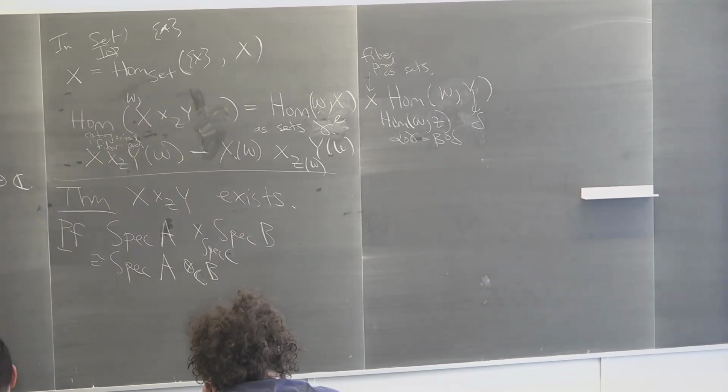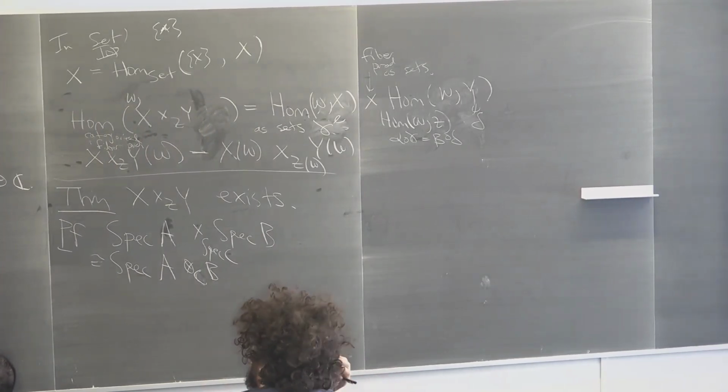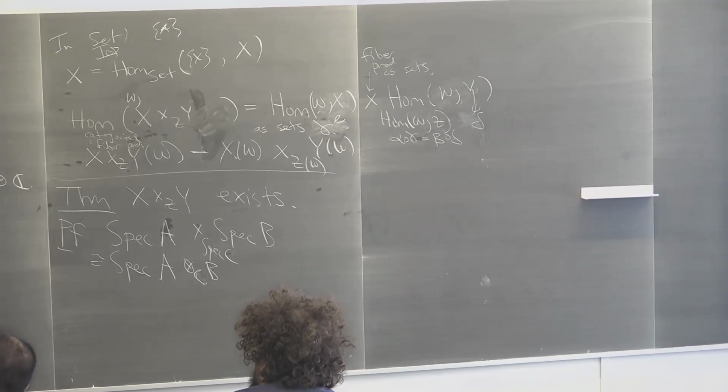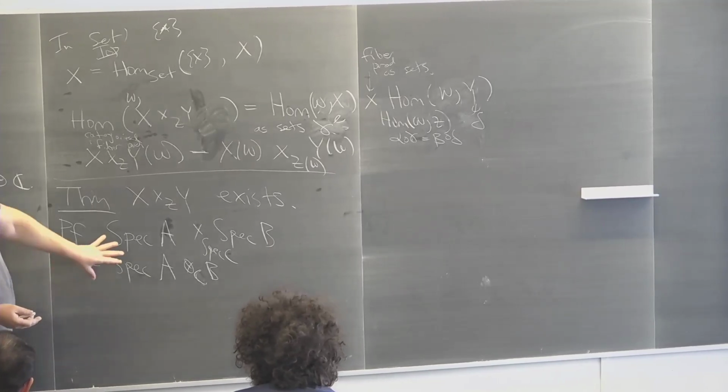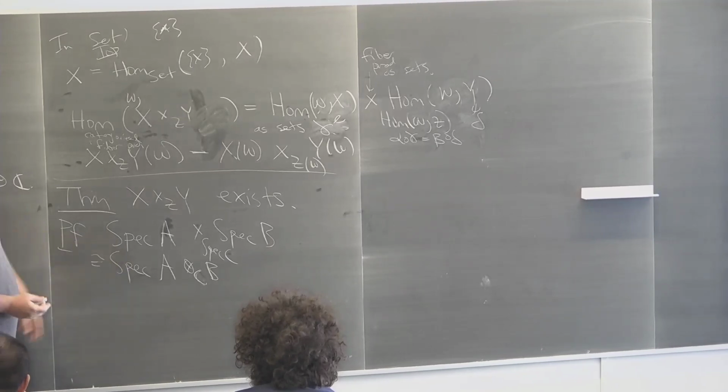So the only real content in this theorem is if I take two schemes and I write them as a union of affine things, can I take the fiber product of the affine guys over affine guys and glue those all together in a consistent way? And the answer is yes. It's a little bit of work to convince yourself that you can. There's a fancy categorical way of thinking about this that Vakil discusses.